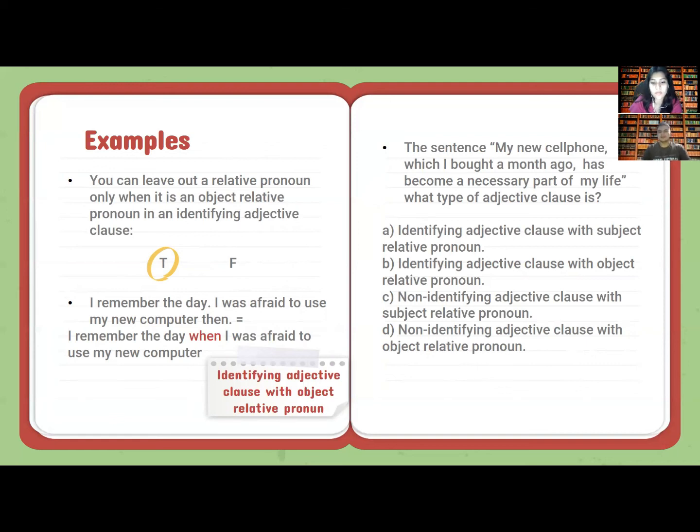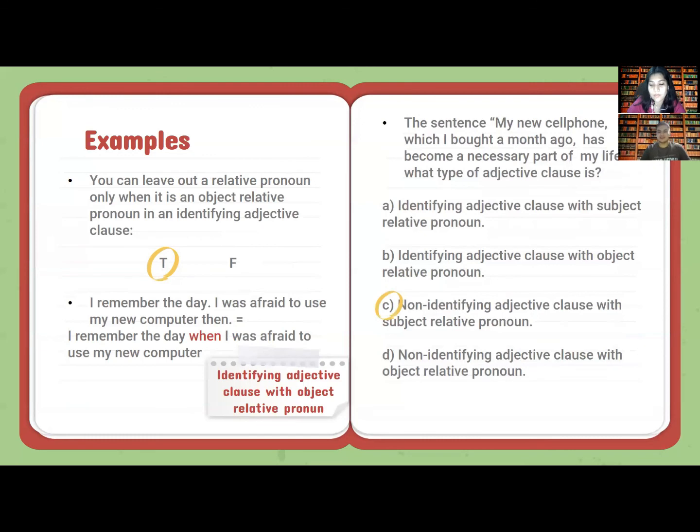In the next example, and the last one, my new cell phone, which I bought a month ago, has become a necessary part of my life. What type of adjective clause is it? It's a non-identifying adjective clause with subject relative pronoun because we are giving optional information.